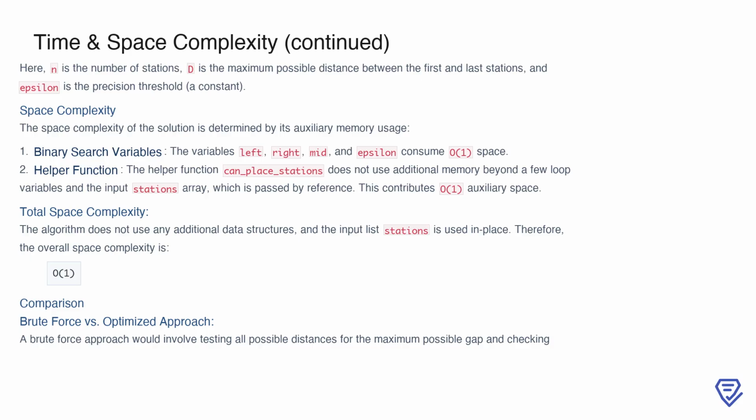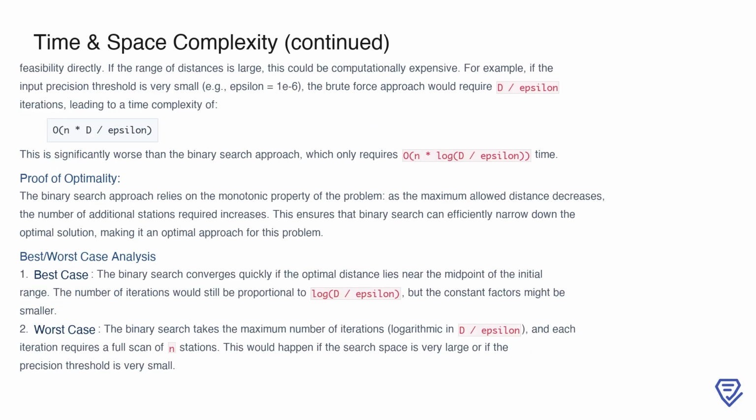Compared to a brute force approach, which might involve storing additional data or performing unnecessary computations, the optimized approach is far more space efficient. Let's take a closer look at why the binary search method is so much better than a brute force approach. In a brute force solution, we would test every possible maximum distance within the range of d to determine feasibility.